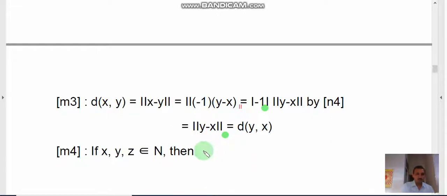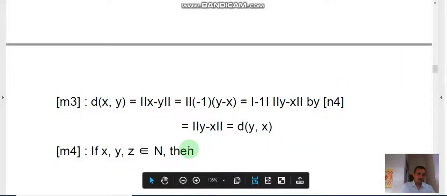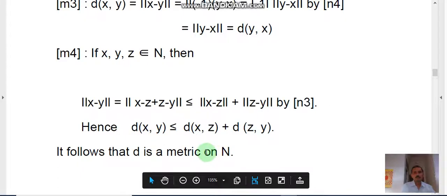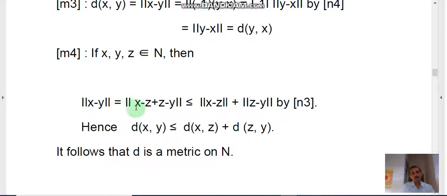So now we go for the fourth condition, that is the triangle inequality. Here we are considering x, y and z belonging to N, and using the condition N3, norm of x minus y, we subtract and add z, so this will become x minus z plus z minus y.